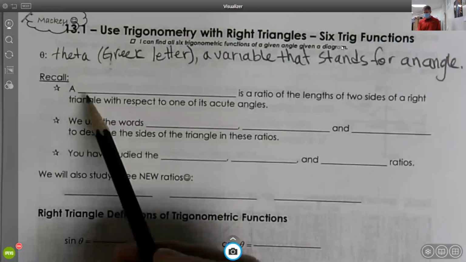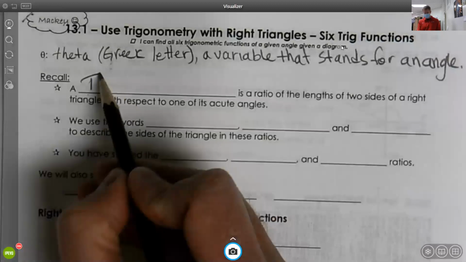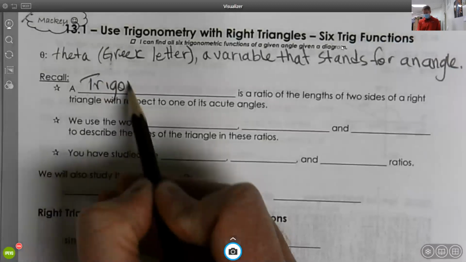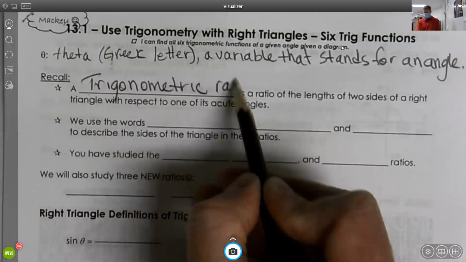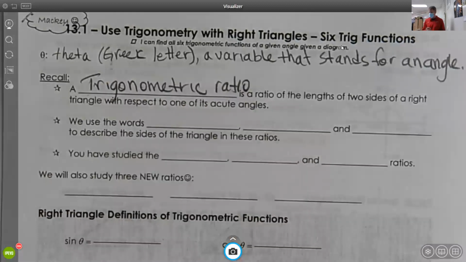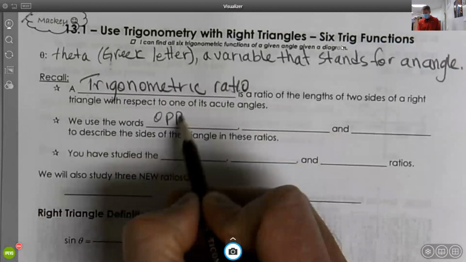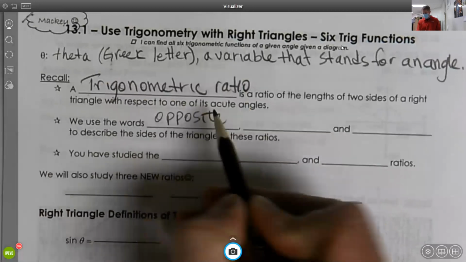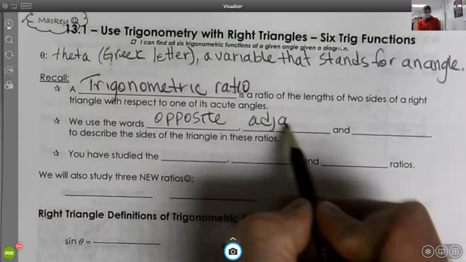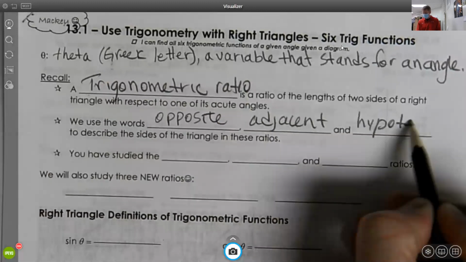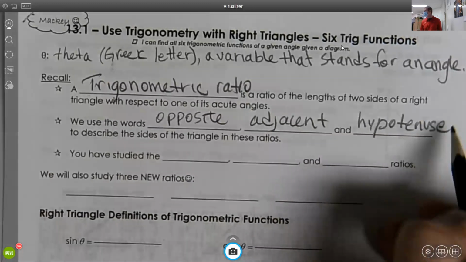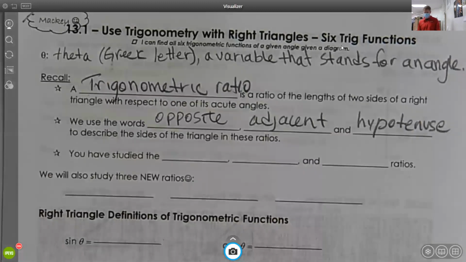So what we know from before is that our trigonometric ratio is a ratio of the lengths of 2 sides of a right triangle. We use words like opposite, adjacent, and hypotenuse to describe these sides.